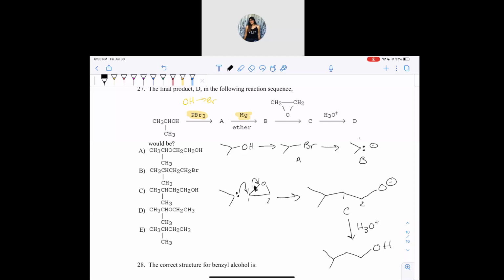So which of the following answers represents what we drew? C, yes. Ta-da! I know this one was fast. Do you guys have any questions on this one?